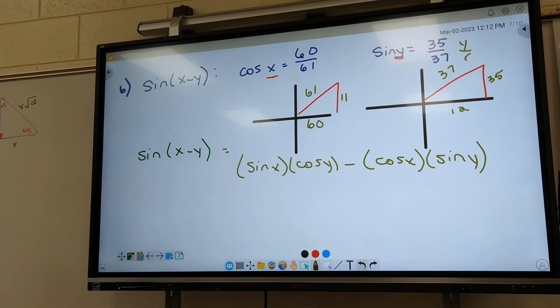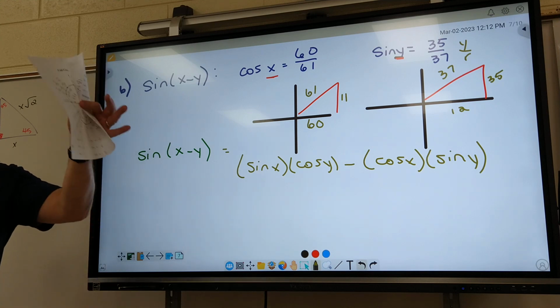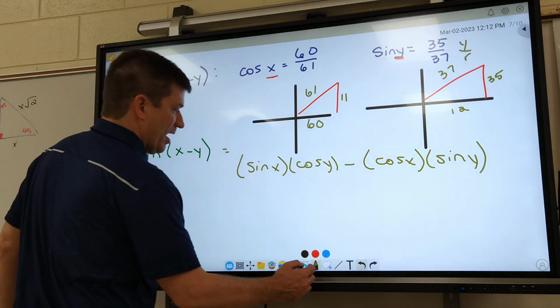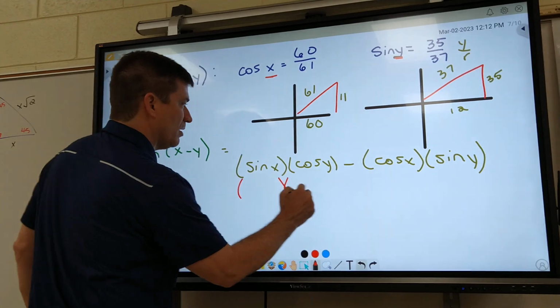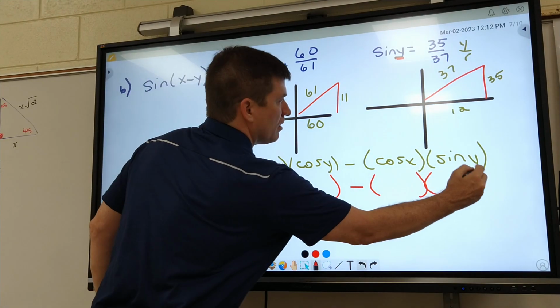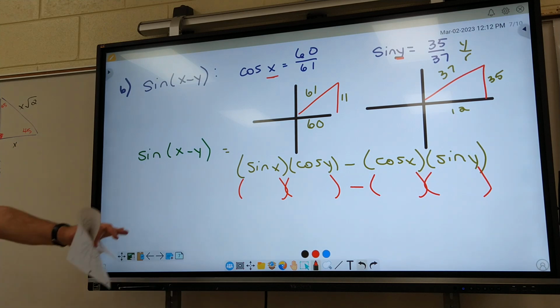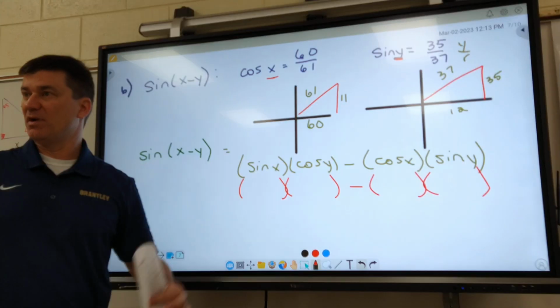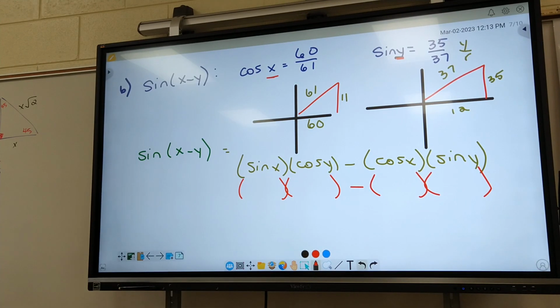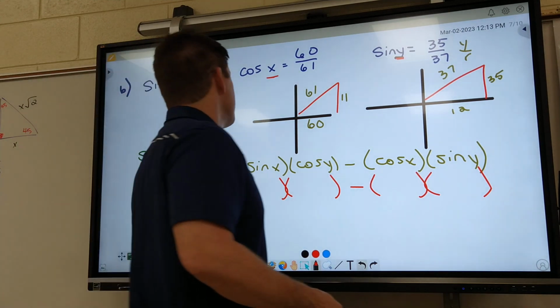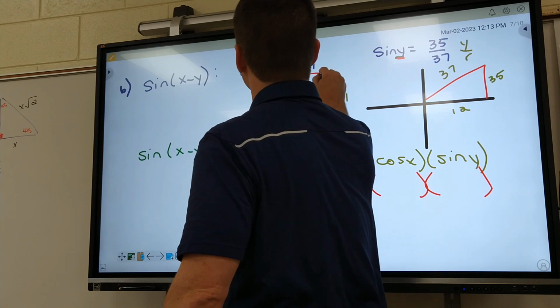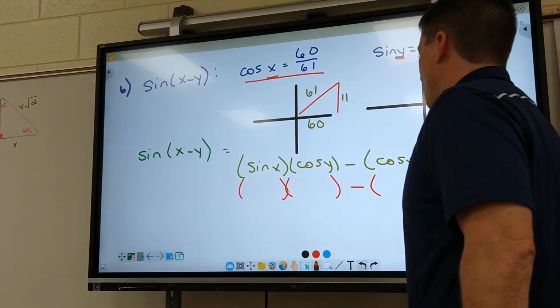Okay? Now, I don't care if y'all write the formula down or not. You've got it on your paper. But what I am going to ask that you write down is this part. All right, so we're going to plug in 4 fractions for each one of these, and then we'll put it in our calculator. Okay, look. In our original problem, it says cosine of x is 60 over 61.